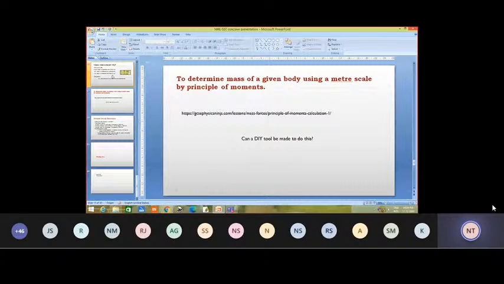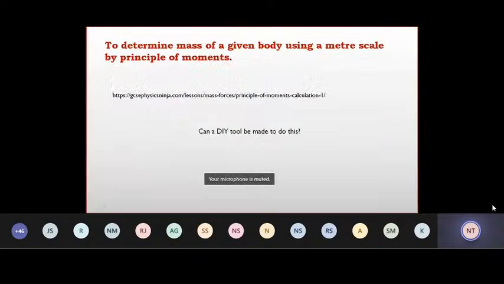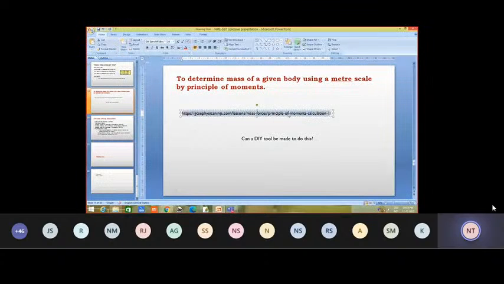There is another beautiful example: determining the mass of a given body using a meter scale by the principle of moments. I'm sure it is very easy for teachers, but for students, and sometimes even for us, if we do not work in that domain, we keep on forgetting.